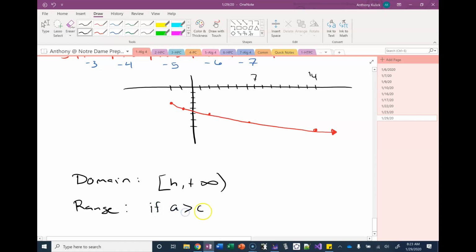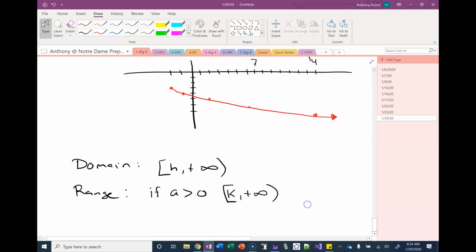If that leading coefficient, that value for a, is positive, our range is k to positive infinity. And if that leading coefficient is negative, we're negative infinity up to k. Is everybody okay with this?